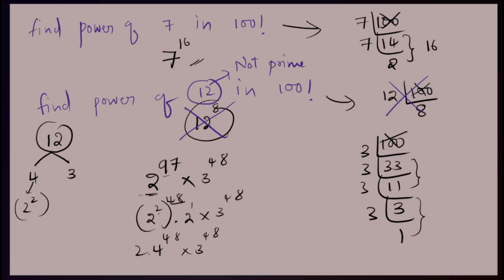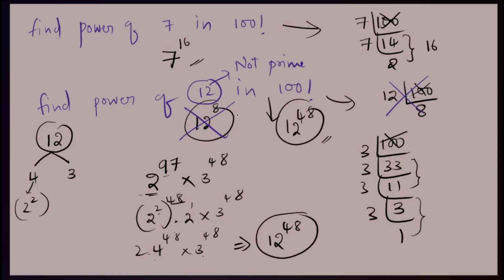How many 4s are there? 48. How many 3s are there? 48. So how many 12s would be formed? Each 4 and each 3 will give you a 12. So we have 48 4s and 48 3s, and this will give you 48 12s. So what is the power of 12 in 100 factorial? It is simply 48. The final answer is 12 power 48. I hope the concepts are very clear.